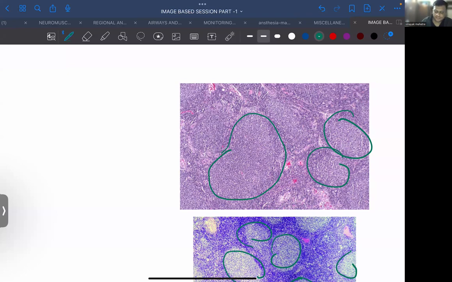What is the translocation which is seen in follicular lymphoma? Follicular lymphoma में which translocation we will see? Calculate the alphabet.